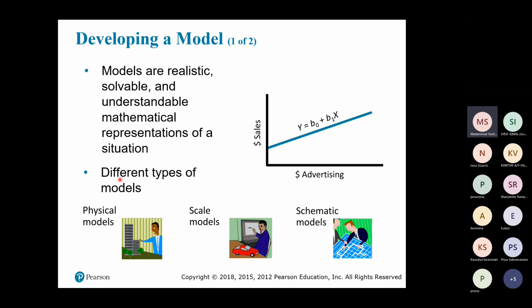There are different types of models. The first model is a physical model. The second one is a scale model. And then we have the schematic model. These are the types of models that can be used to represent the problem, and then we will convert the model into the mathematical model.